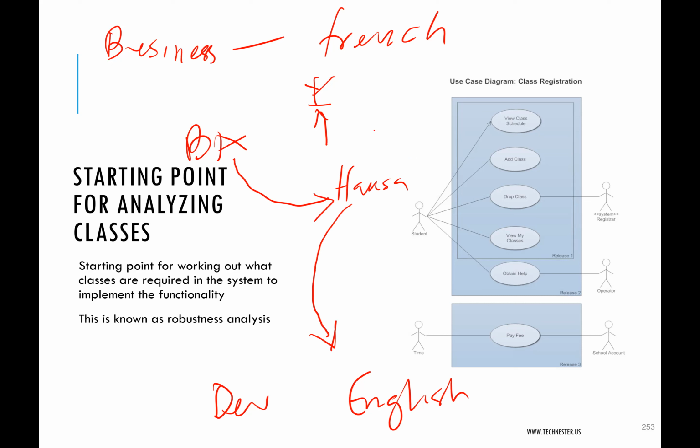So each step of the way, you are bringing it down. Let's assume some of the business people that understand French can understand some Hausa. So by you translating it to Hausa, it's still okay for them. They can at least understand what you are saying. By the time you bring it to English, the developers become your best friend. They can now understand what the business people said in French.